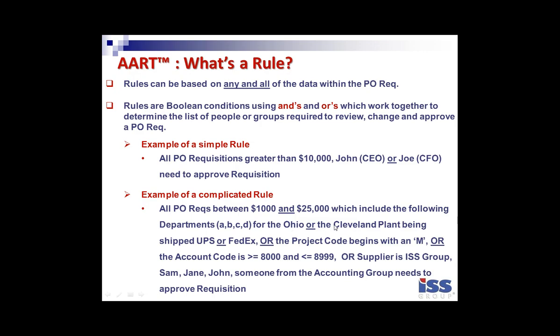So this is just an example of a rule, okay, that would be reviewed upon submittal of the requisition to determine who needs to be part of the approval hierarchy. So rules could be very simple, rules can be very complicated, okay? And we have clients that have, of course, both. So that's very important to understand that this technology here, this routing and workflow technology, is really at the heart of iPurchase.